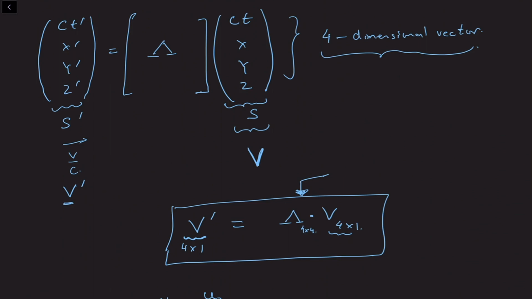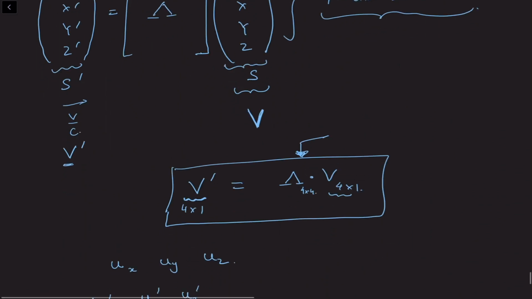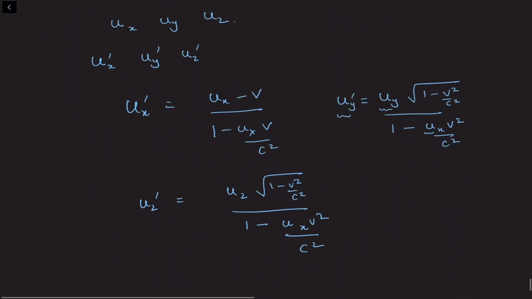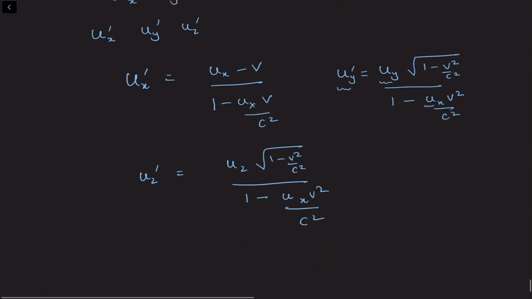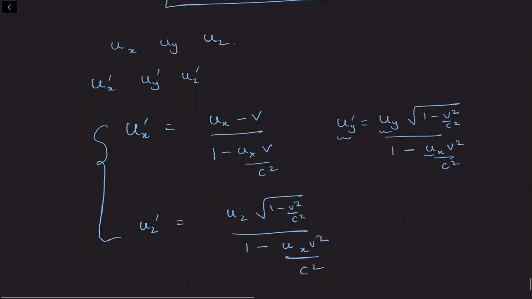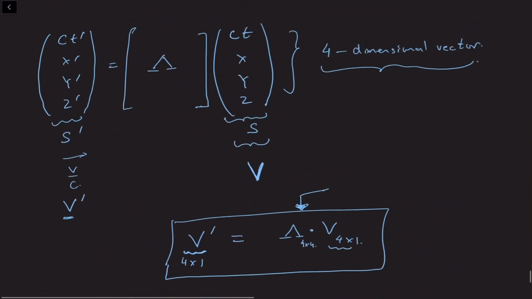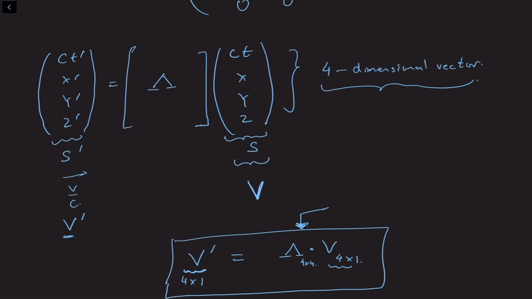So it doesn't seem like there's an obvious reason why we would want to think of this as some kind of general rule. But I'll just show you in a second that secretly, the velocity transformation law has exactly the same structure as the transformation law for space-time coordinates.